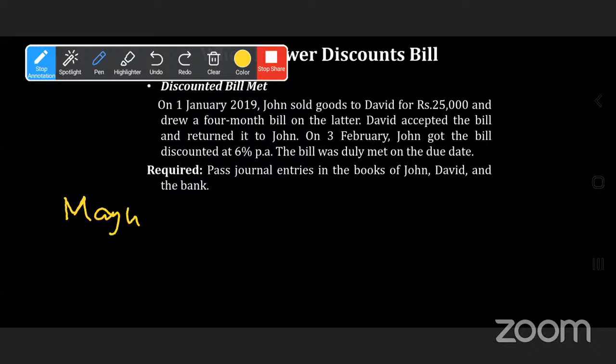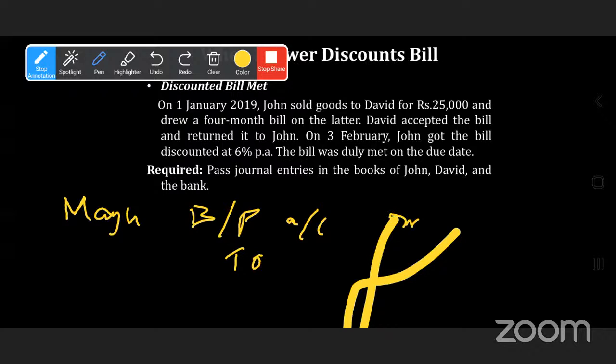So you have to pass the journal entry as bills payable account debit to John's account. No, here you are paying the cash. The bill was met.